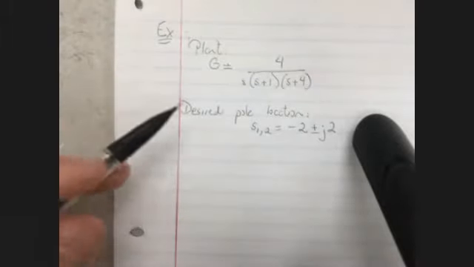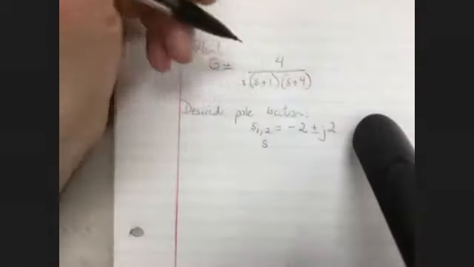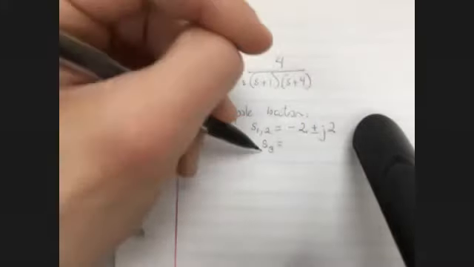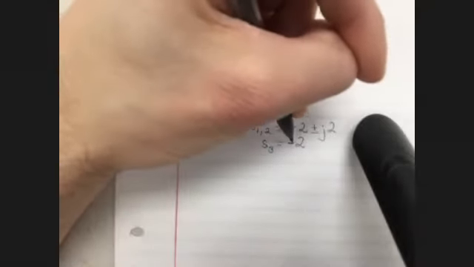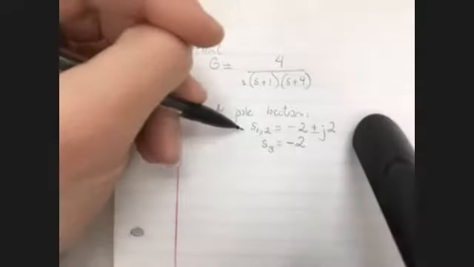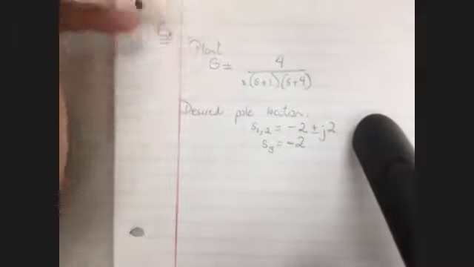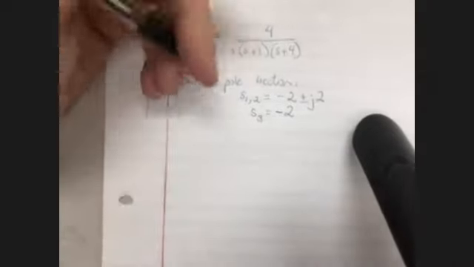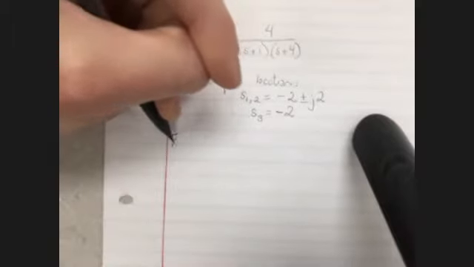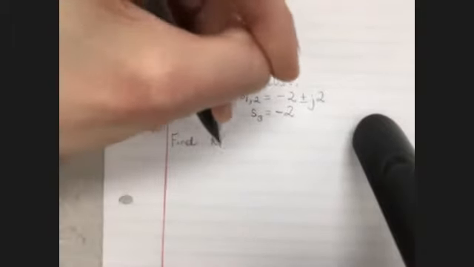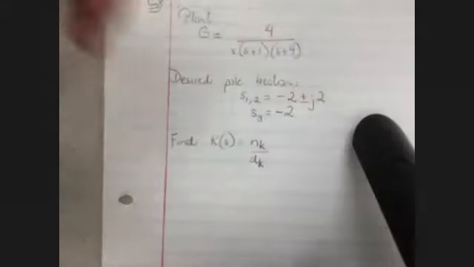And because this is an order 3 system, there's a third pole location that they want to move over to s equal to, just to keep this simple, -2. So these are the desired pole locations. Again, our goal is to find a controller, K of s, which is equal to NK over DK, to meet the specs above.